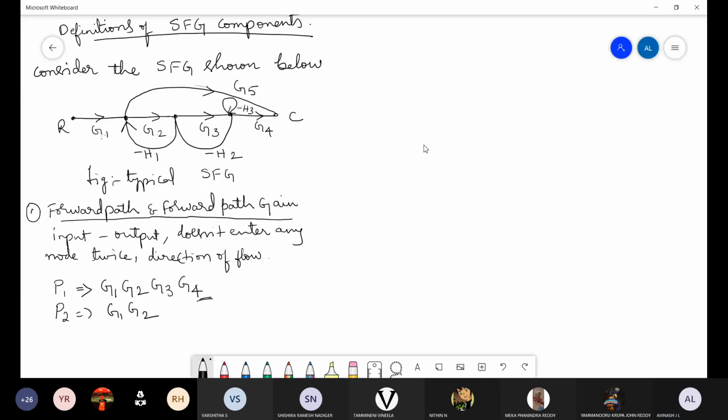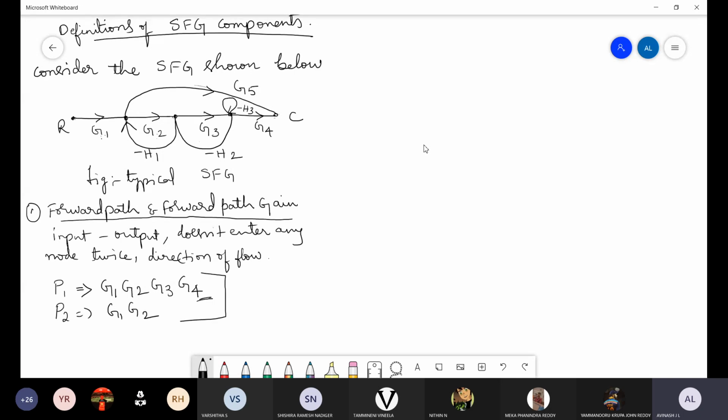Clear? Yes, sir. So like that, any other path is there? No, sir. So now I can say very clearly: there are two forward paths in the given signal flow graph. Okay. So the forward path gains are given below. Write these two paths.